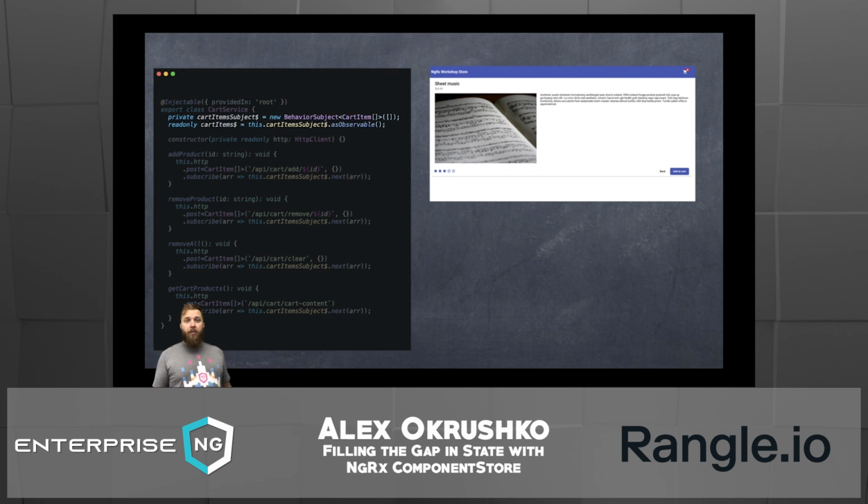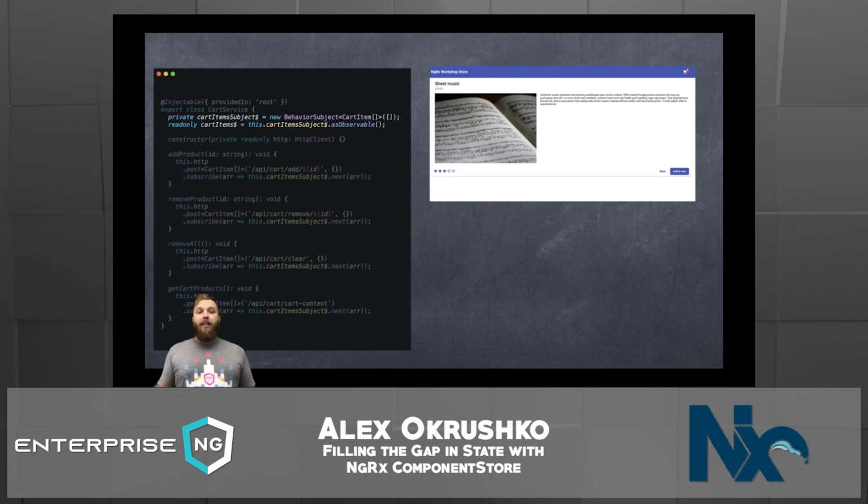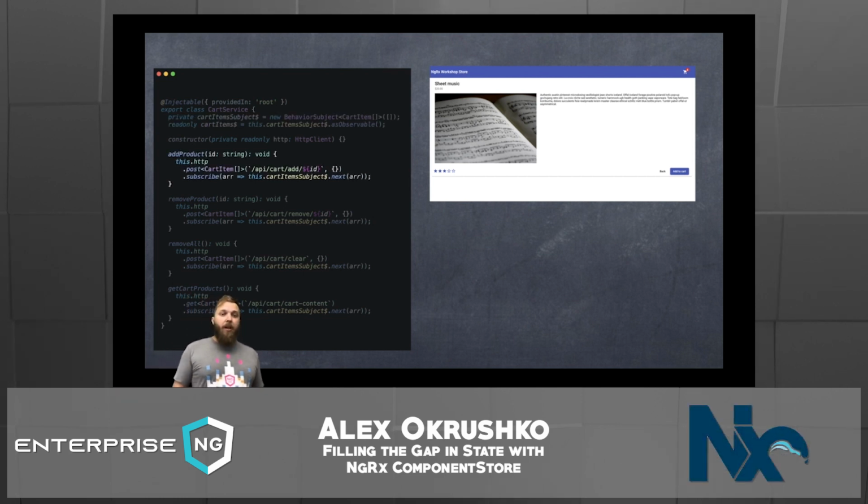Well, we need to rethink how we expose this cartItems observable property. Instead, what we can do is the service with the behavior subject approach. That means that our cart service is a stateful service that has the subject in it, and then it's exposed as an observable through the cartItems, just like we had before. Now, every time we need to add a product, for example, we can call the method, but we change this method.